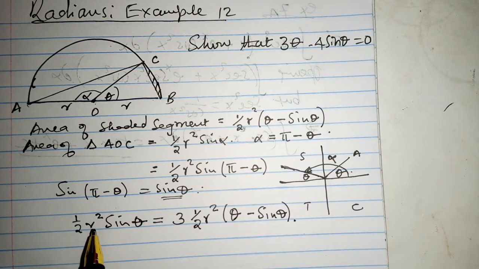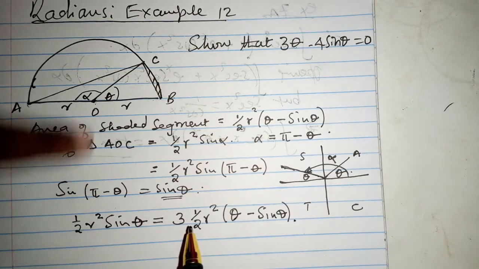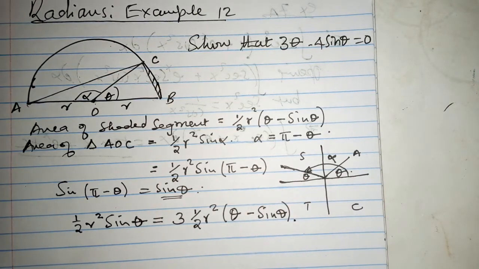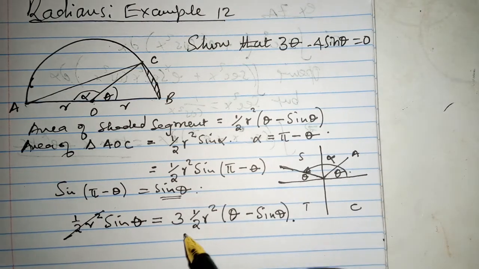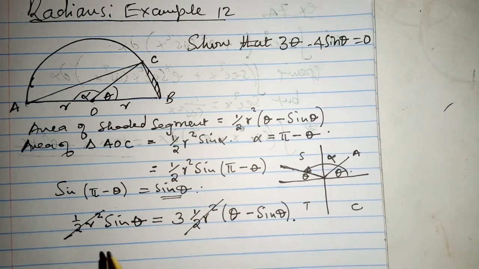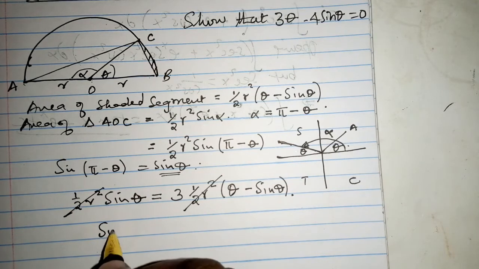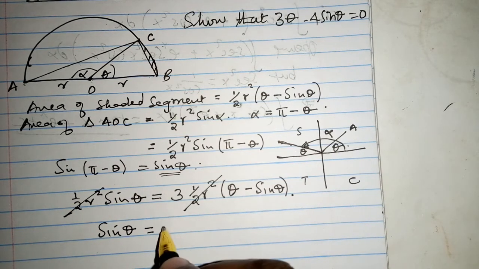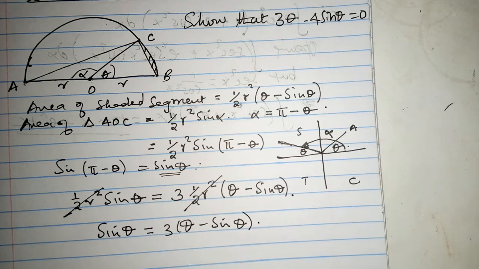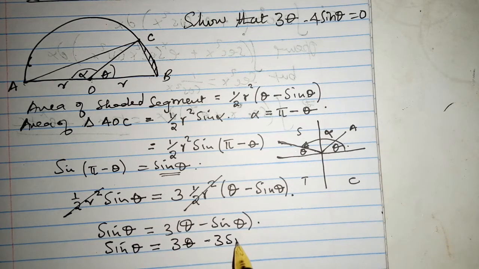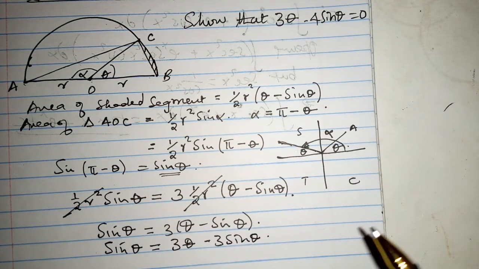That means the area of the triangle is 3 times the area of the shaded segment. It goes without saying that a half r squared cancels out, so we remain with sine theta equals 3 times theta minus sine theta. Opening this bracket, we have sine theta equals 3 theta minus 3 sine theta.